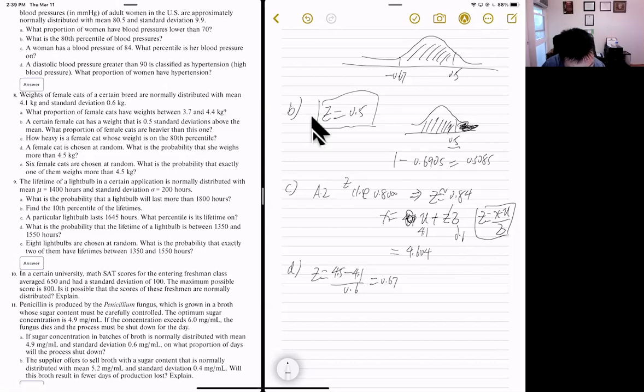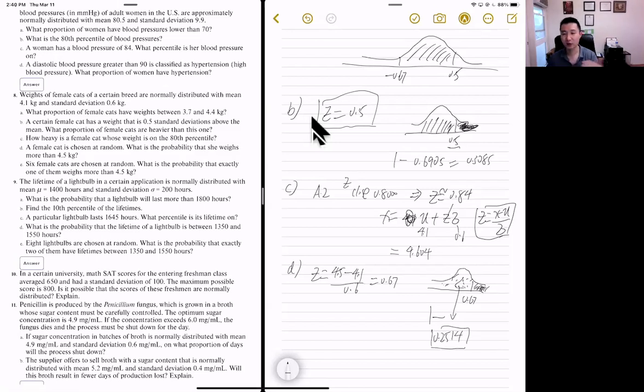The question says heavier than 4.5, so heavier means the right-hand tail, correct? But don't forget, table 8.2 only tells us about the left-hand tail. So the value corresponding to this z-score is this area, and we should use 1 minus this area to get what the question is asking, which is 0.2514.